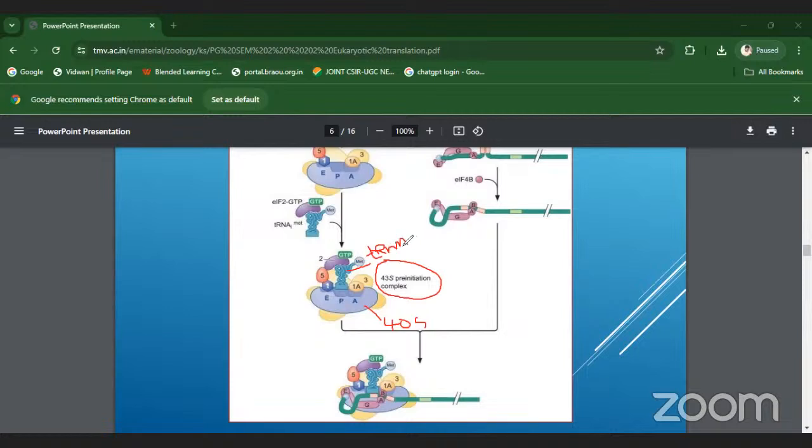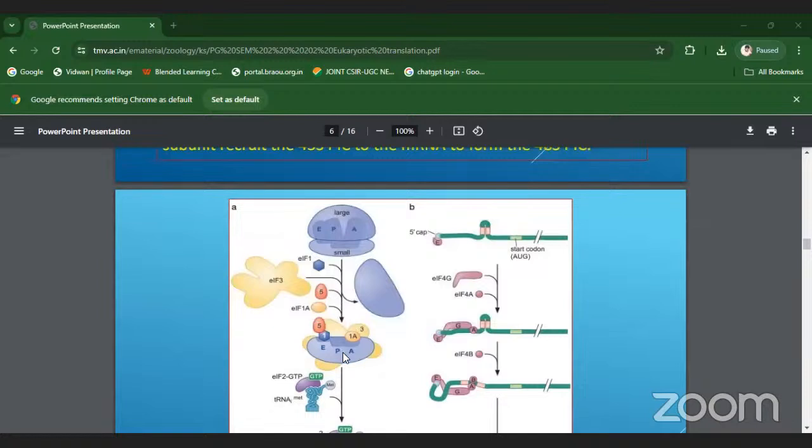When both are attached, this is called the 48S actually. Right? And finally the large subunit is added like this. Now this is the 80S, right?